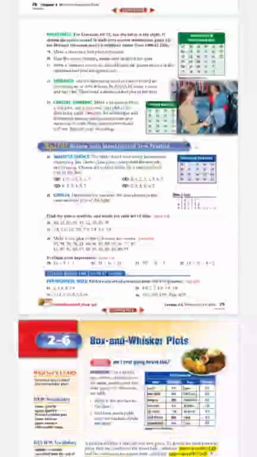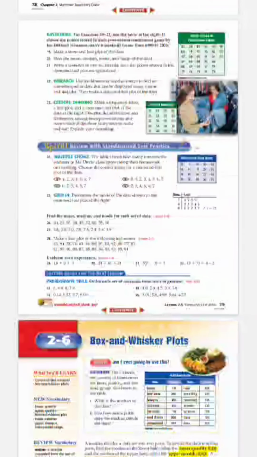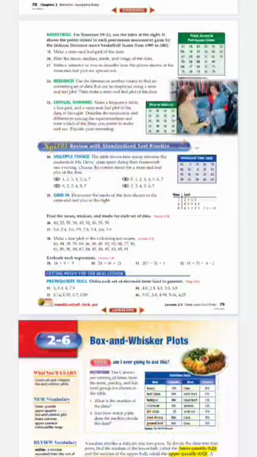26. 80, 23, 55, 58, 45, 32, 40, 55, 50. 27. 3.6, 2.4, 3.0, 7.9, 7.8, 2.4, 3.6, 3.9. 28.